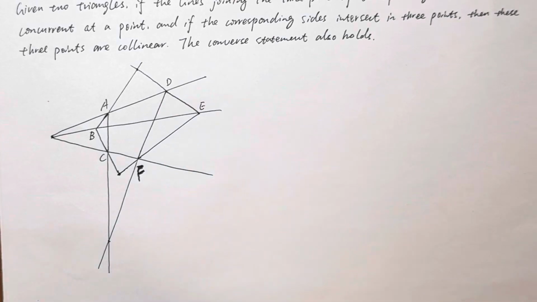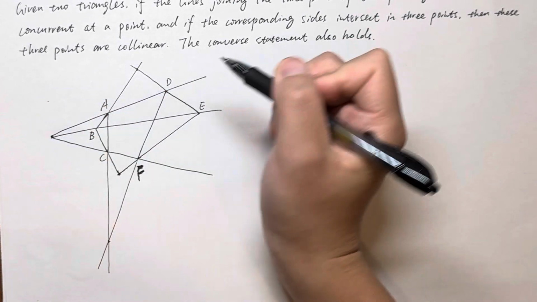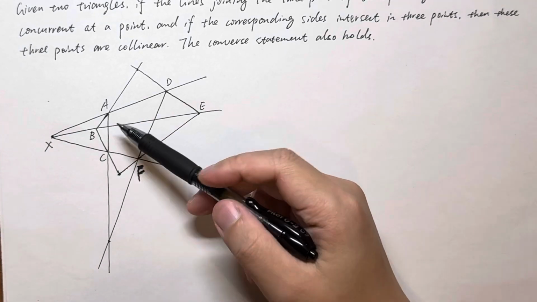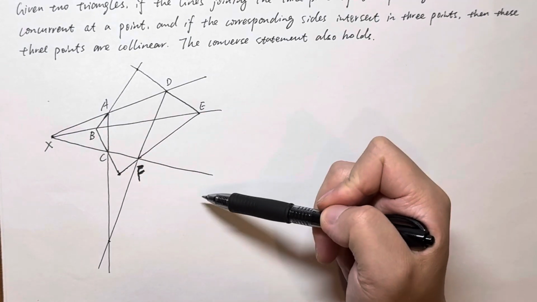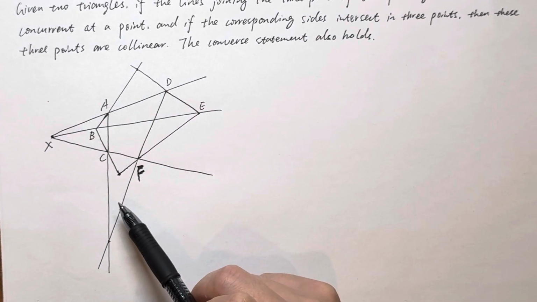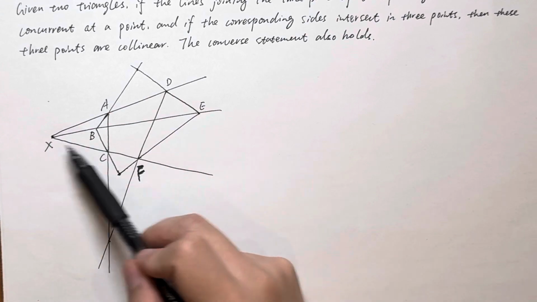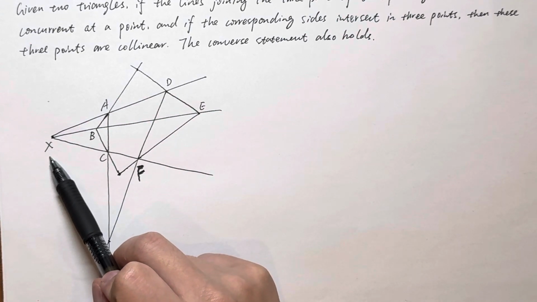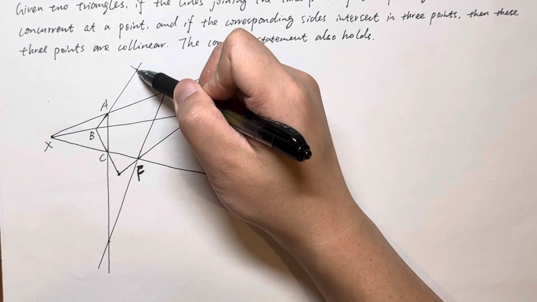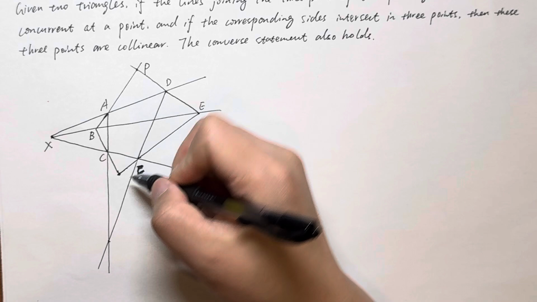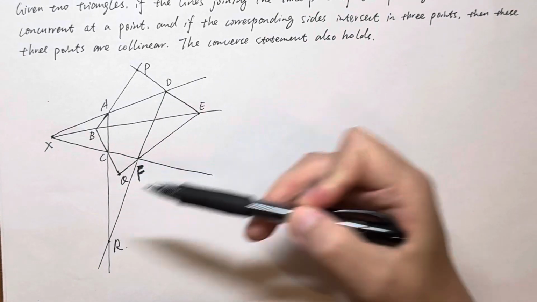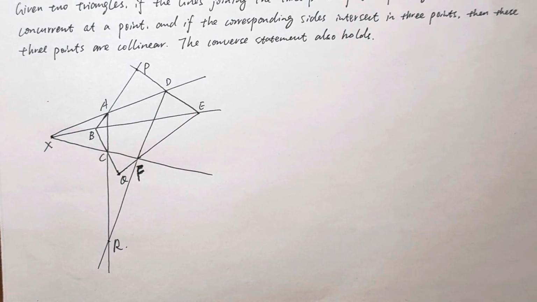And let's consider this one as X. Basically we are saying that triangle ABC and triangle DEF have corresponding pairs connected together, and then 3 lines are concurrent at point X, and corresponding sides intersect at 3 points. Let's call them P, Q, and R. Then we want to prove that P, Q, R are collinear.